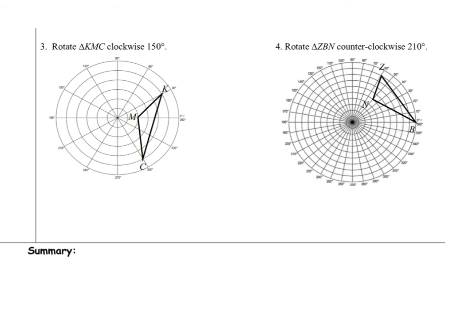So here's your triangle. We want to make sure that clockwise means we're going around to the right. How many rotations is 150 degrees? So notice this scale is going by a different number. So it looks like it's going by 30s. So we divide 150 by 30, and that's equal to 5.